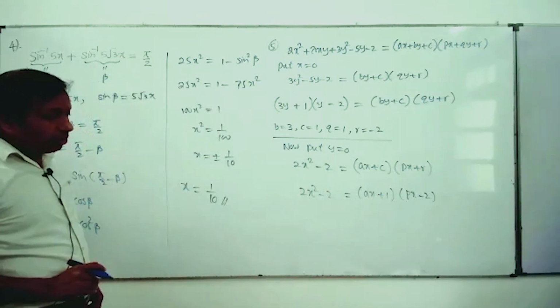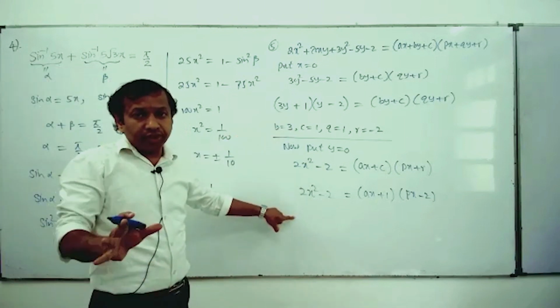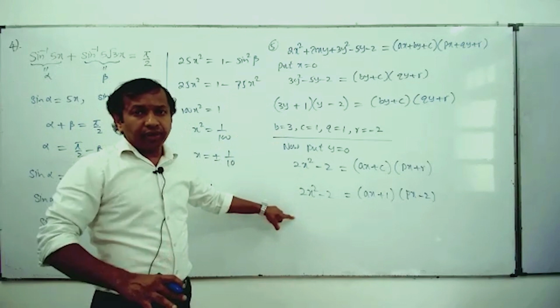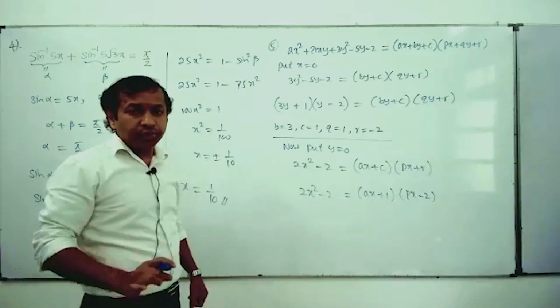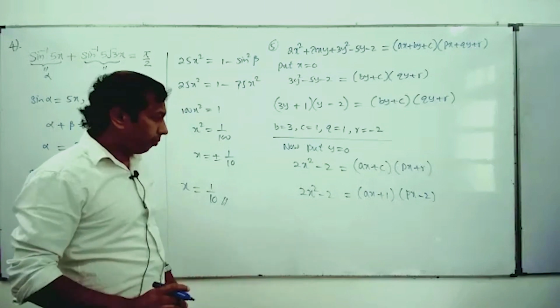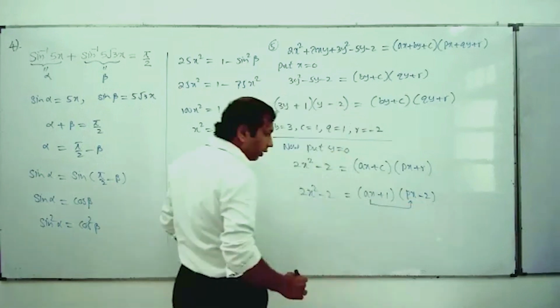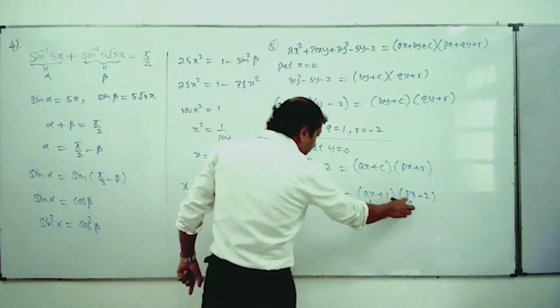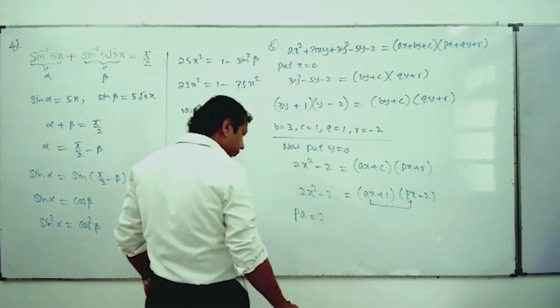As we did here, now we compare left and right, but this time we have to equate the coefficients. When you multiply this and this, we get the x squared term, whose coefficient is ap. That should be equal to this 2. Number 1.